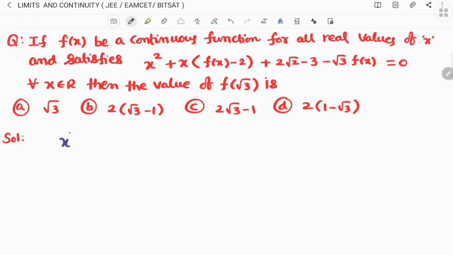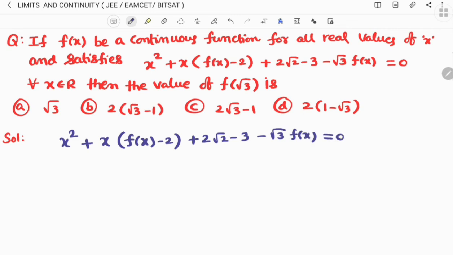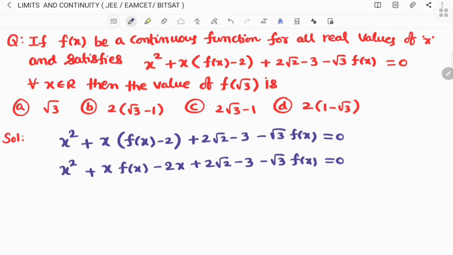So x square plus x into f of x minus 2 plus 2 root 3 minus 3 minus root 3 f of x equal to 0. X square plus x into f of x minus 2x plus 2 root 3 minus 3 minus root 3 f of x equal to 0.